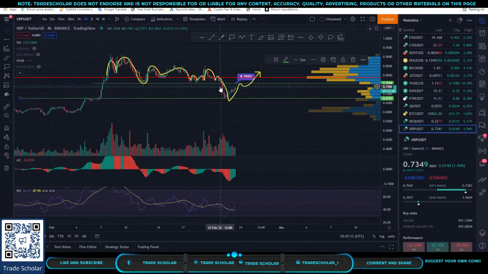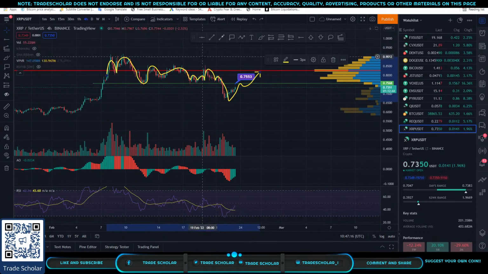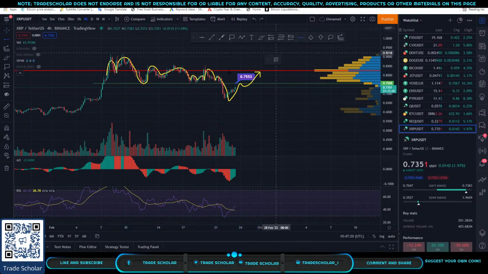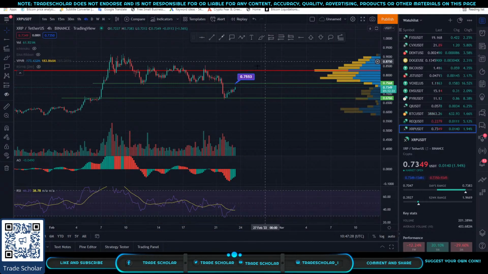If we don't break it, then we can expect it to break to the upside or continue trading here. But of course, it depends on our Bitcoin. If Bitcoin wants to go up, then all will go up.